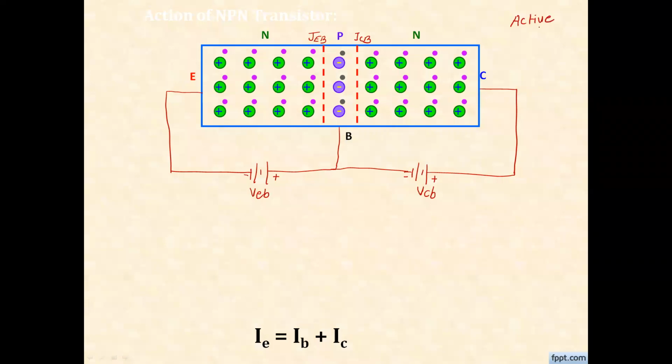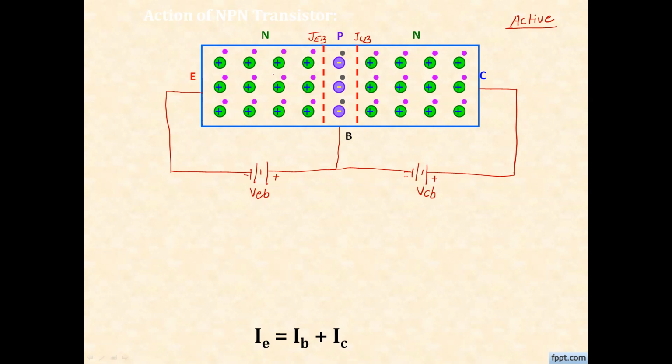Now see what happens when the transistor is connected in actual practice. Concentrate on the emitter to base junction. The N region, the emitter region, is connected to the negative terminal of a battery.